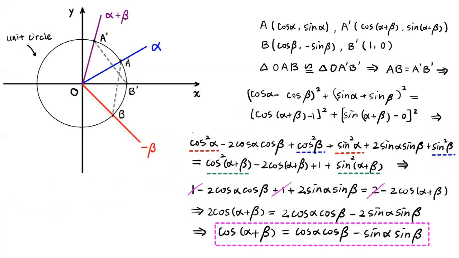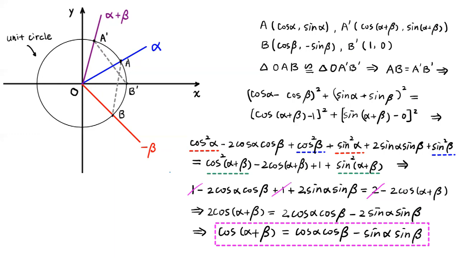Okay, so I'll give you 2 minutes to have a look at this proof. You can also prove that this expression holds true for the cases where alpha or beta is 0.